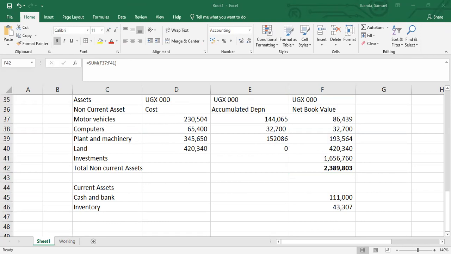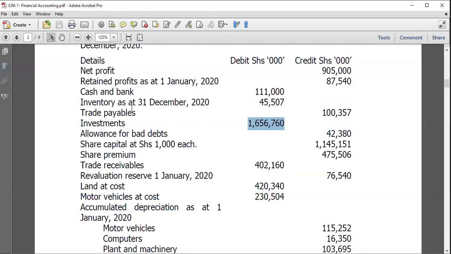With that in mind, I'll now proceed again. In most cases, if this is my last question, I'll even tick off anything that I record. Trade payables are recorded under my liabilities. Allowance for bad debts, not for now. Share capital, share premium, I've recorded now. The next one is trade receivables. So I'm going to record my trade receivables as they are provided there.